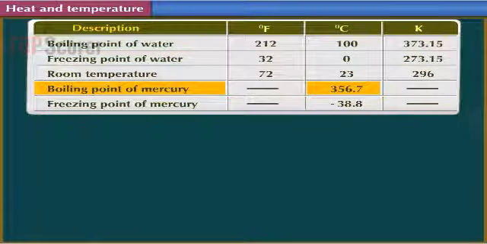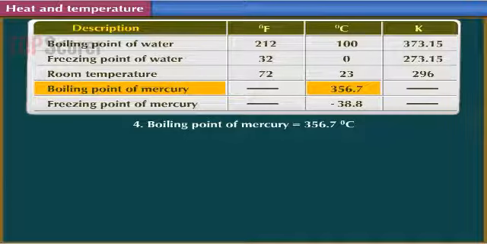Next is boiling point of mercury. 4. The boiling point of mercury is 356.7 degrees Celsius. Let us convert it to degree Fahrenheit using formula (F minus 32) upon 9 is equal to C upon 5.